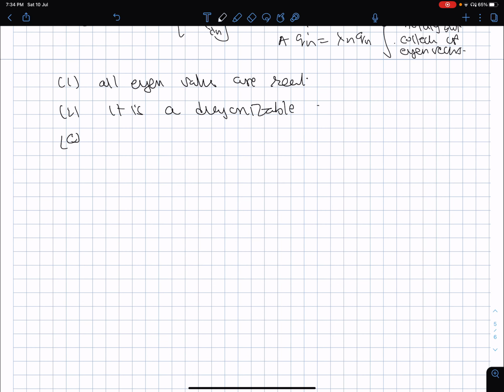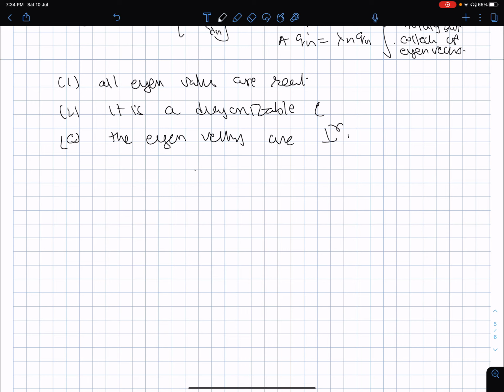So all the eigenvalues are nothing but the diagonal values. Three, the eigenvectors are orthogonal. Orthogonal means perpendicular.